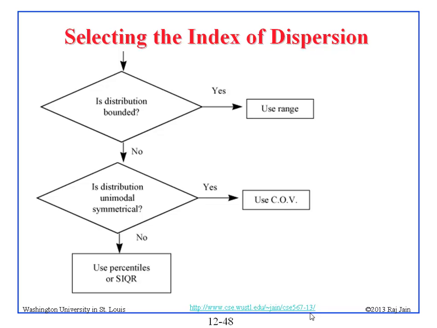Then coefficient of variation does not give you the information that you really need. You see, suppose things are so biased that most of the things are small and then few things are large. With coefficient of variation, it looks like everything is symmetrical around the mean, which is not the case. For example, exponential distribution, most of the things are small.